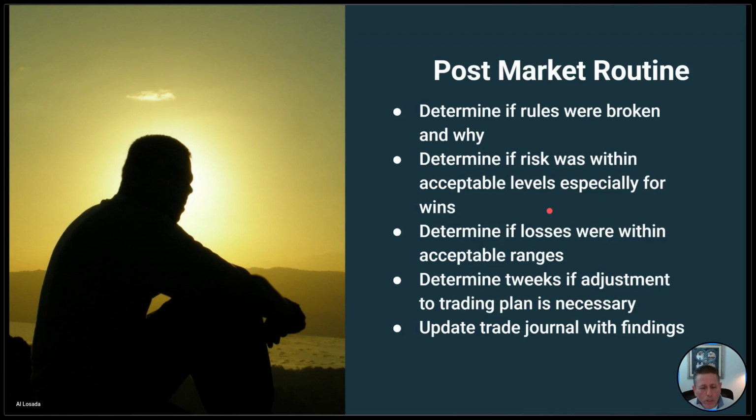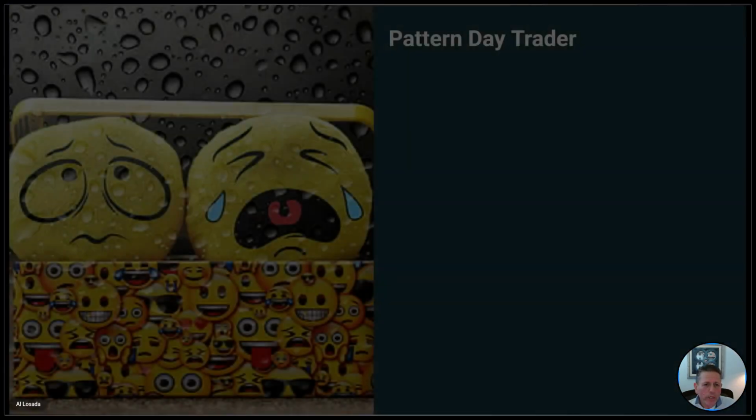So you really want to manage that, and a trade plan really works for that. Okay. Determine if losses were within acceptable ranges. Determine if tweaks or adjustments are needed to your trade plan, and update the trade journal with your findings. Okay. So that's really the best way to be a disciplined trader.